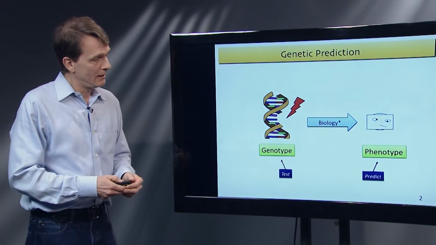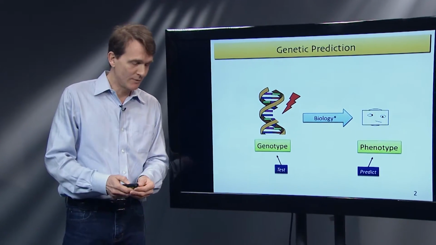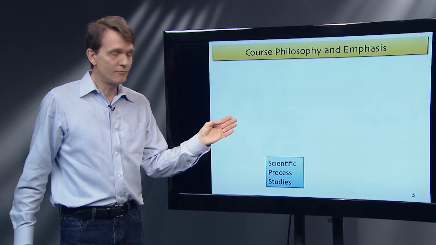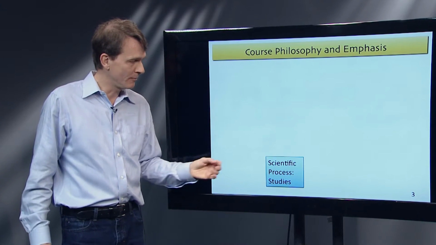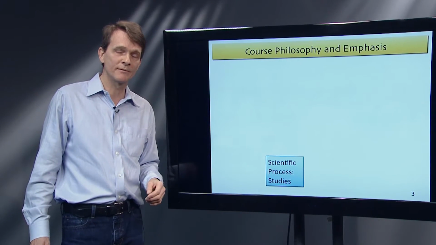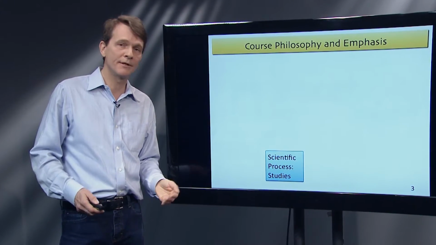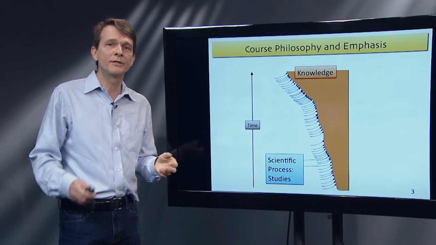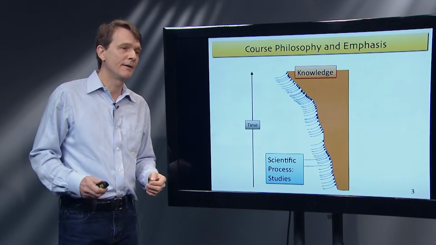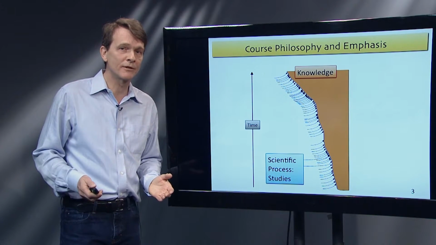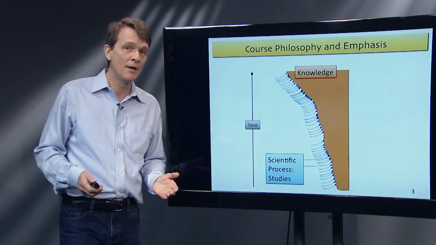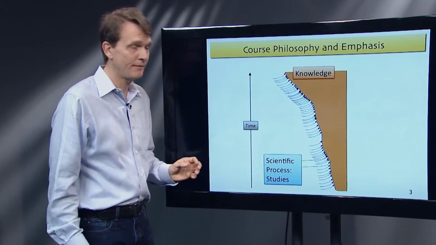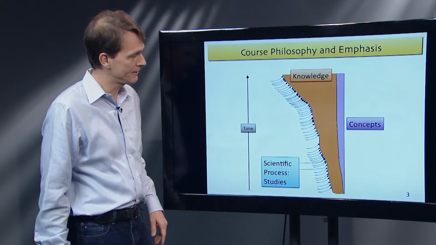So let me tell you how I'm going to do this course. The relationship between genotype and phenotype rests on scientific progress, where study after study accumulates knowledge. Now, biology is so complex that there are far too many details to cover in a short course like this, but we need to cover some important concepts that underlie the fundamentals behind genetic testing.